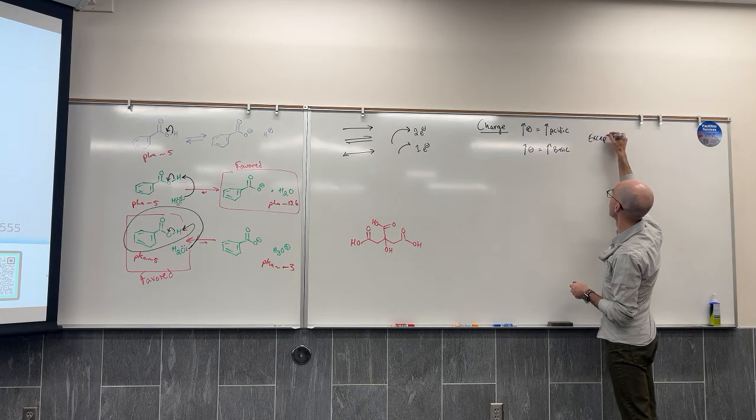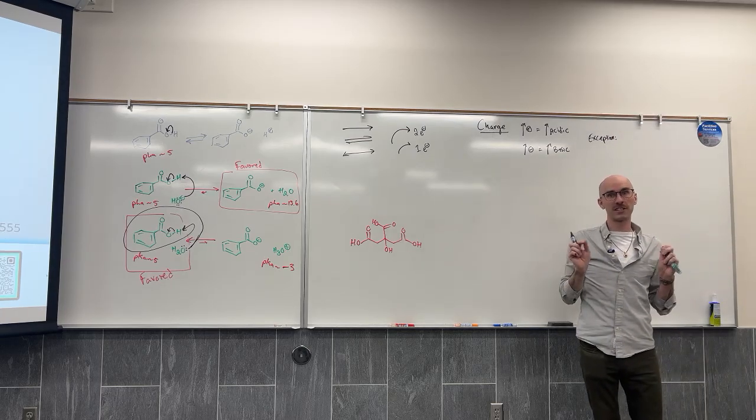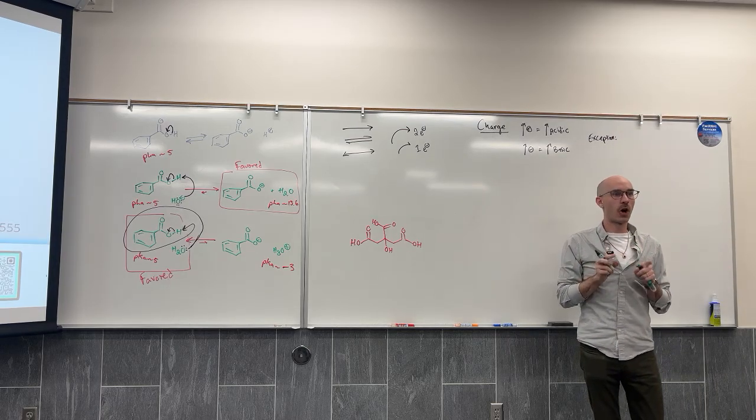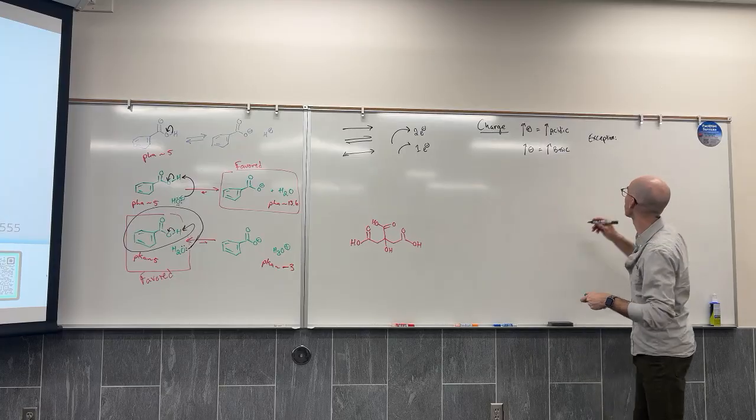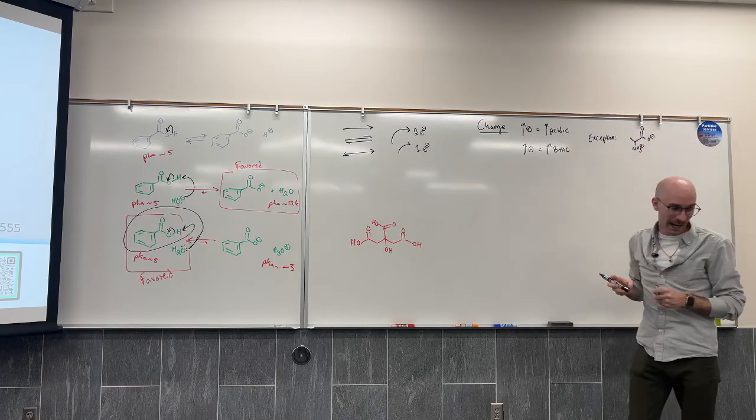There are always exceptions. And this isn't an exception that has a rule. I just want you to know this is not a hard, fast rule. There are so many factors here. What we have here is an amino acid.